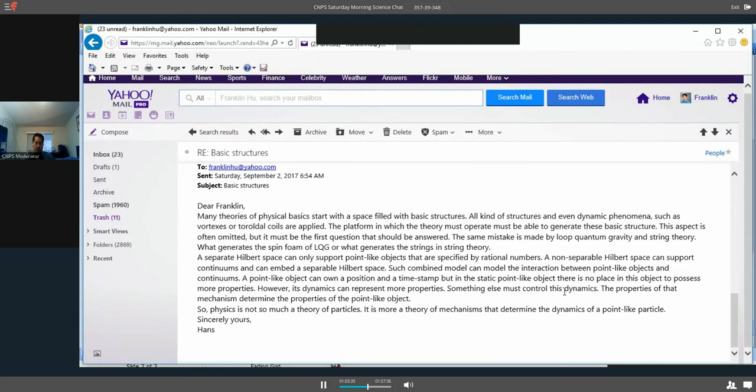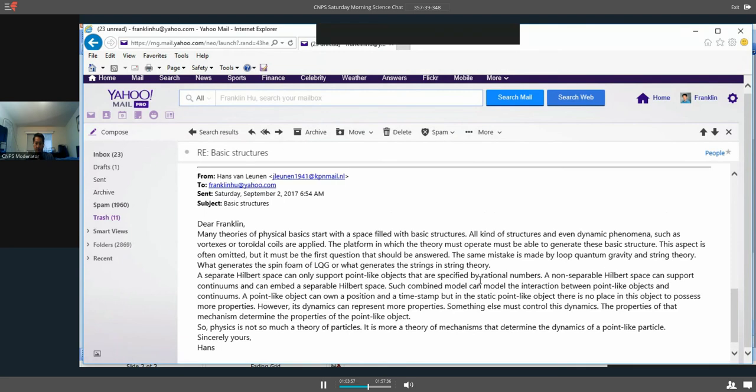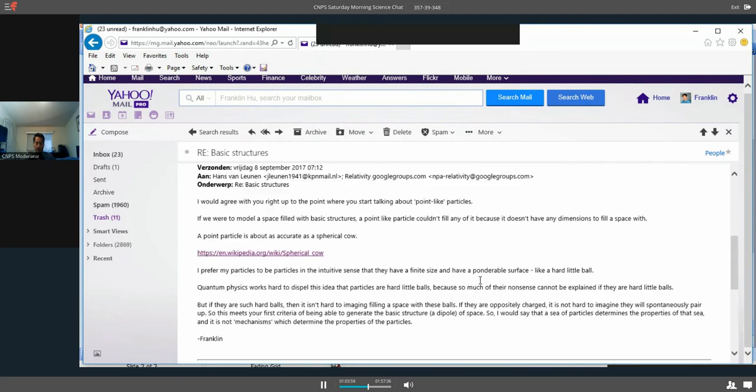So Hans, your conclusion is that physics is not so much a theory of particles, it is more a theory of mechanisms that determine the dynamics of a point-like particle. Yeah, something must generate these hop locations. The hop locations are not existing on their own.